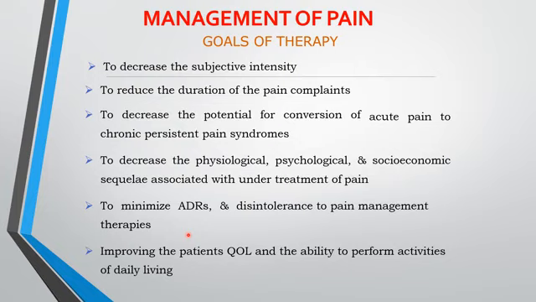So the main goal is to decrease the subjective intensity. The pain sensation has to be decreased so that it does not affect the physiological, psychological and socio-economic status of the patient, and to minimize the adverse drug reactions and intolerance to pain management, and improve the quality of life.